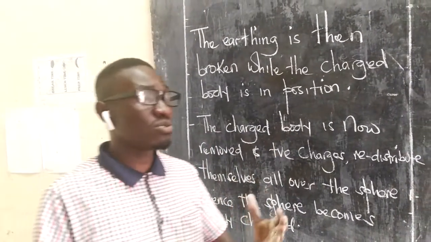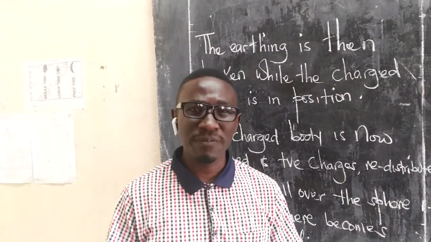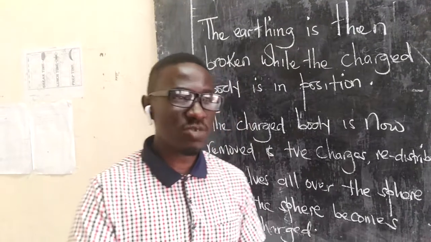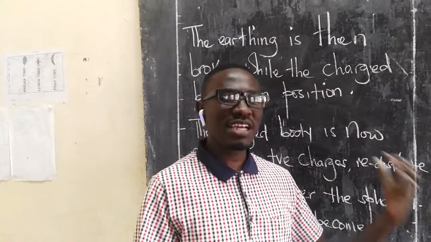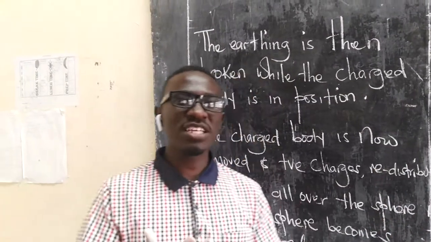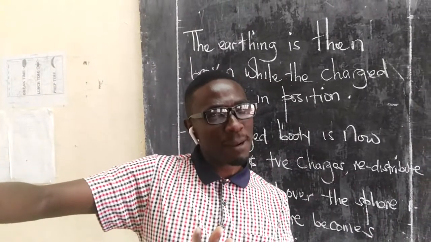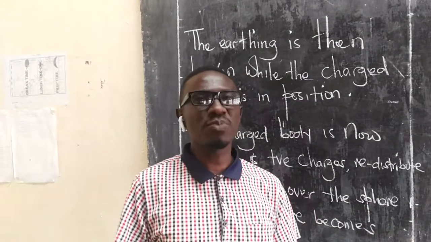Like I've told you, whenever you're explaining the things, it's as if you are narrating a story. You've said that, for example, if you want to charge positively, you bring a negatively charged rod. Now when you bring the negatively charged rod, the positive charges will come close, then the negative charges will be pushed far away. So what will happen? You now earth while the charged rod is still in position.